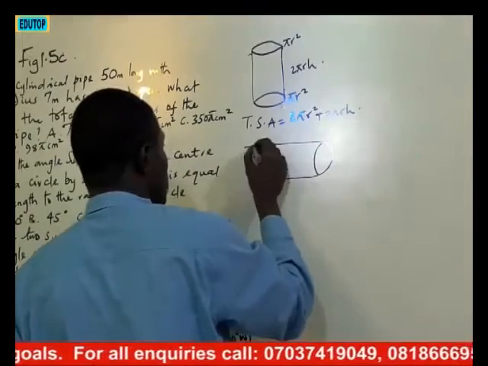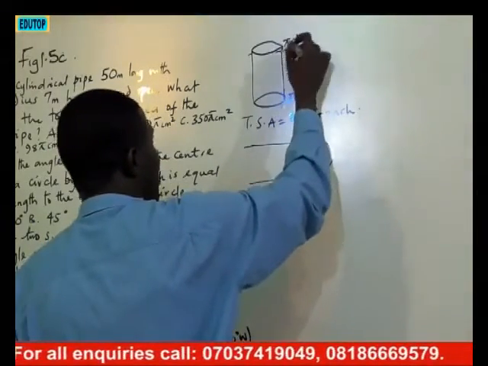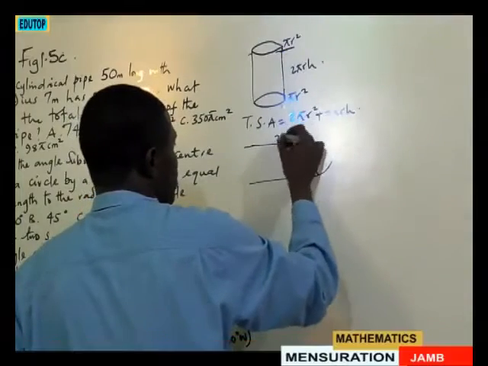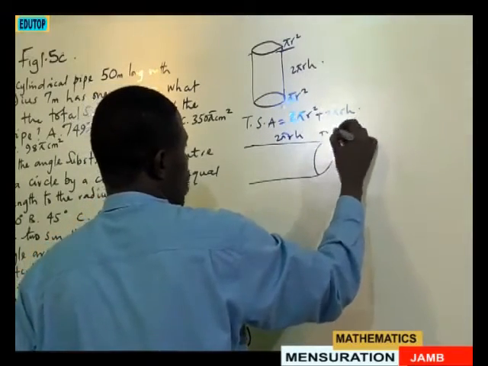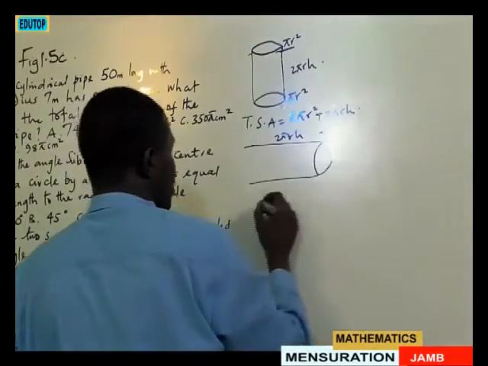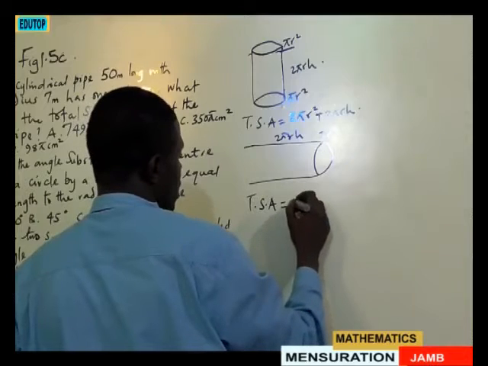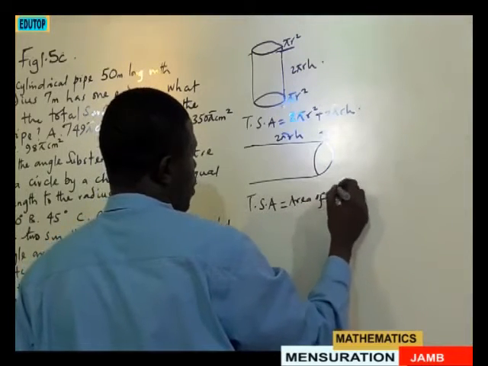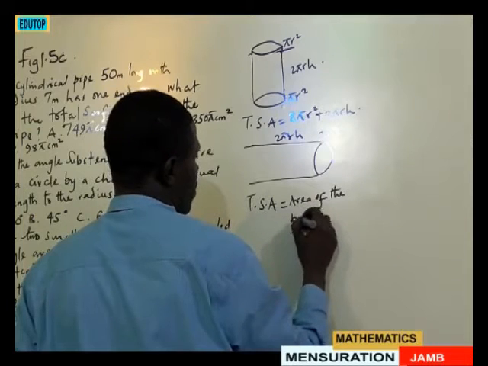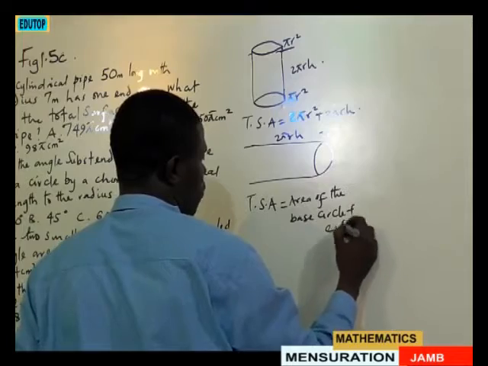Automatically the other pi r squared goes away, and this is 2 pi rh together with pi r squared, because we are only having one. The total surface area will now be the area of the base circle plus the curved surface area.